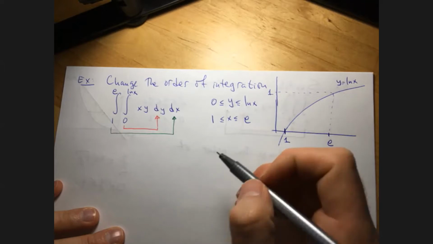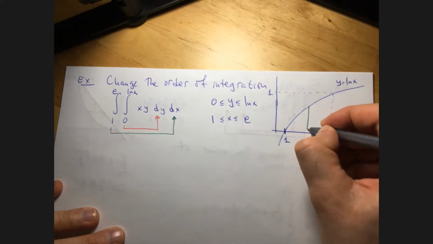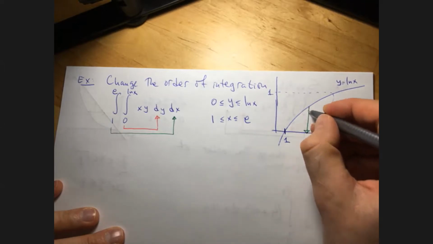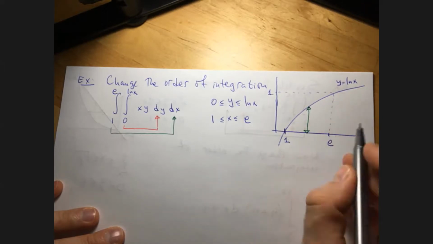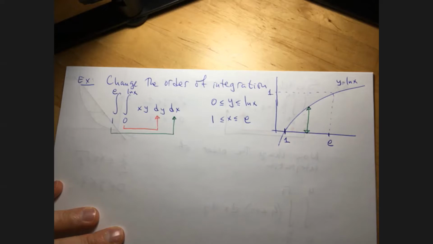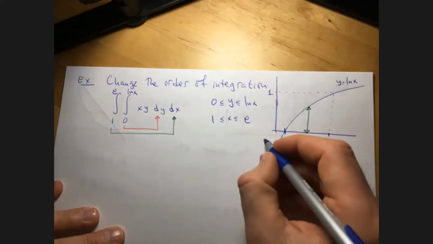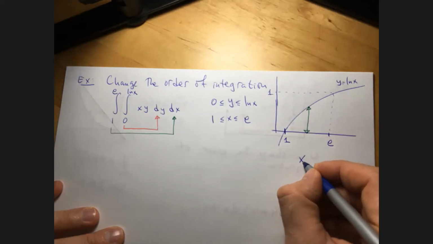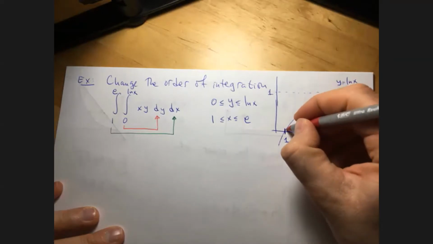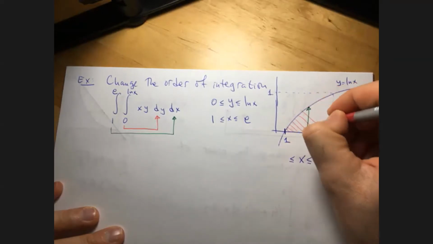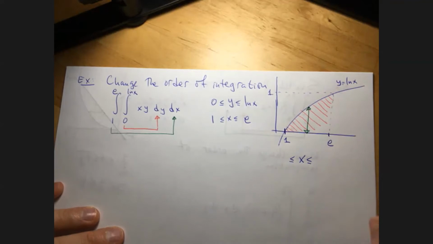So y is greater than 0, less than ln of x. X is between 1 and e. Okay. What does that mean? If I change this in terms of y, now x has to be bounded by the function in terms of y. So this is the region that we're talking about, right? This is the region above which we're integrating.